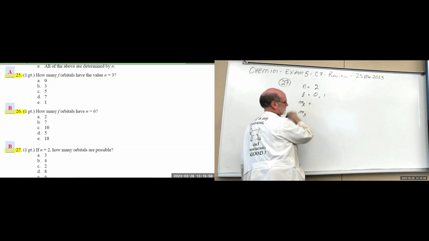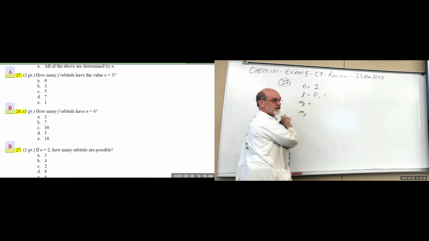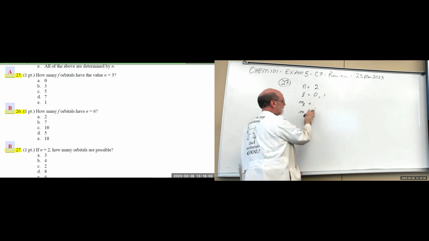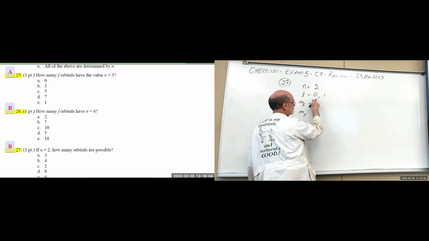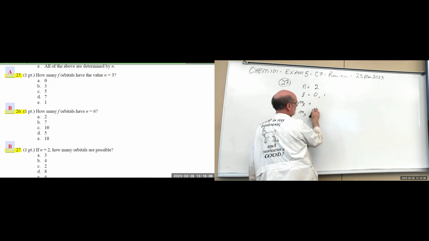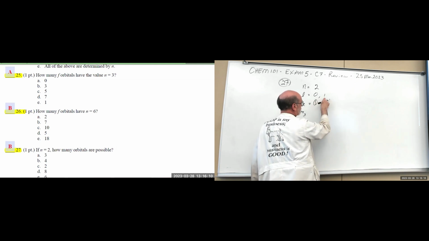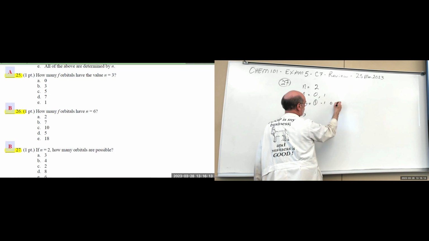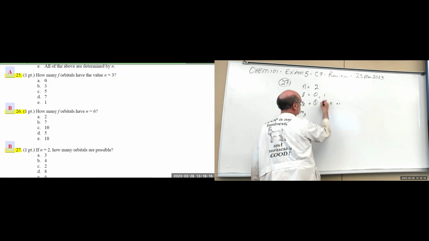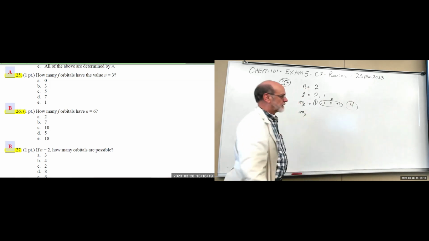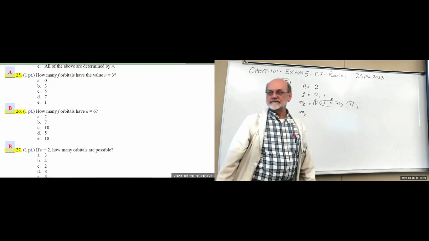These are orbitals. M sub l's, those are orbitals. So we can have how many here? Just 1, right? So we can have 1 here. And this one, we can have -1, 0, +1. So we can have 3 there. So we can have 4 total. That's B.